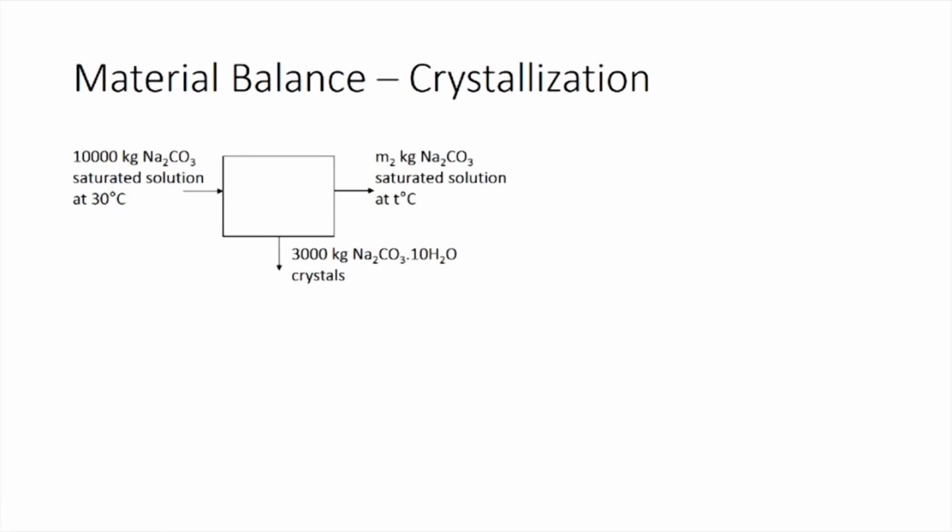The solid crystals which are leaving the crystallizer are actually not just Na2CO3. They contain the water of hydration, which is the 10 H2O molecules attached to every molecule of Na2CO3. So, now we need to calculate the mass fraction of Na2CO3 in the 3000 kilograms which is leaving in the form of crystals. For that we need the molecular weight of Na2CO3 and the molecular weight of 10 H2O, and use them for calculating the mass fractions.